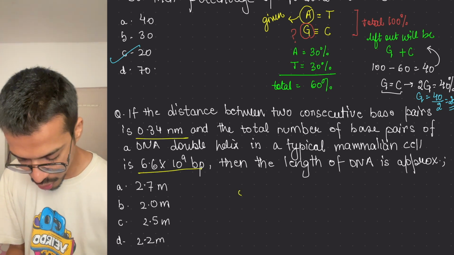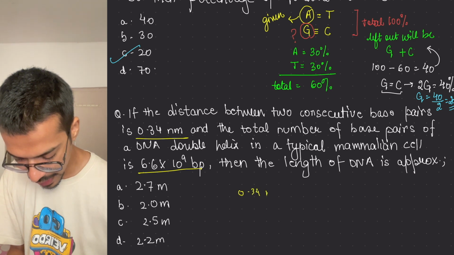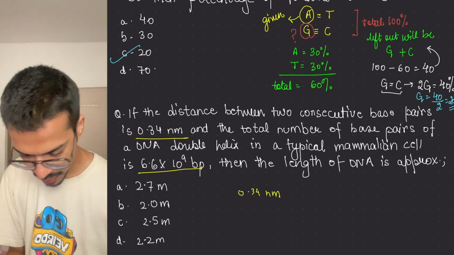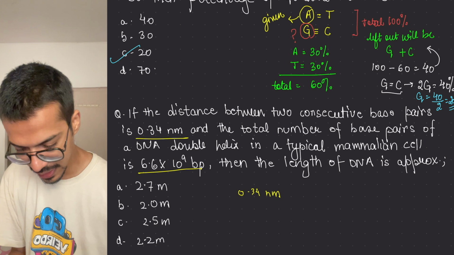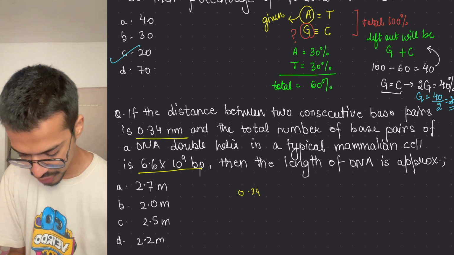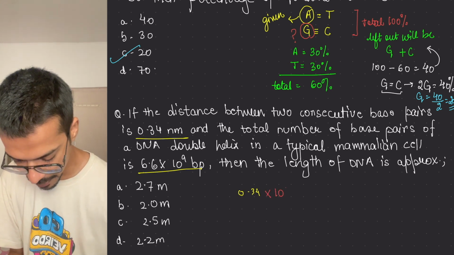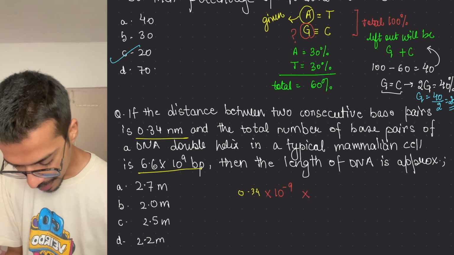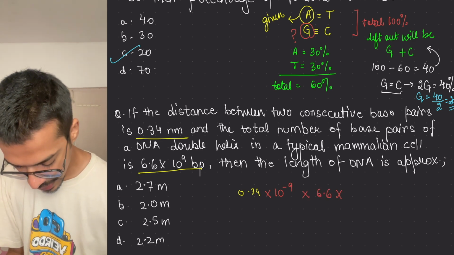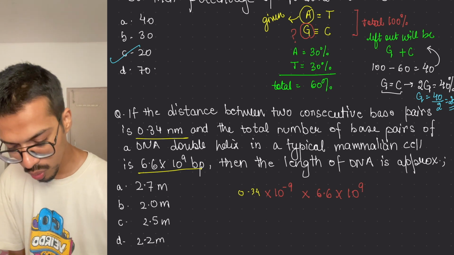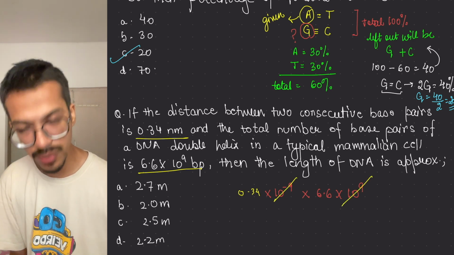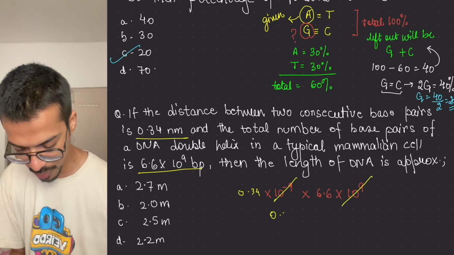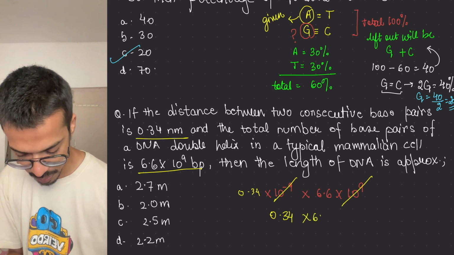So 0.34 nanometer, or we can simply write it like that. Nanometer can be changed into 10 raised to power minus 9. Multiply by 6.6 into 10 raised to power 9. Now over here, this and this will cancel. What we will have is 0.34 into 6.6.